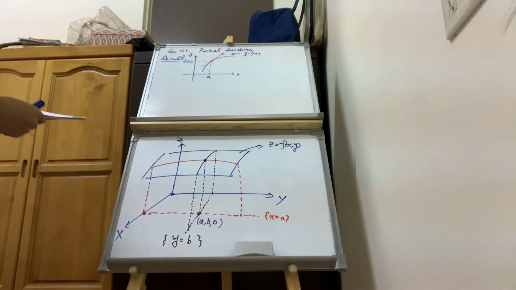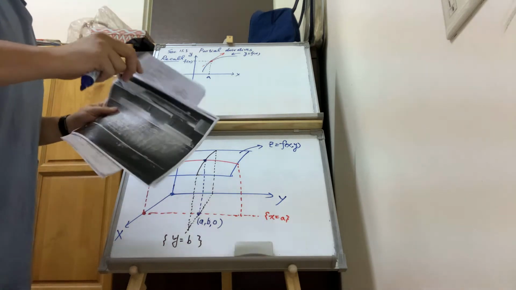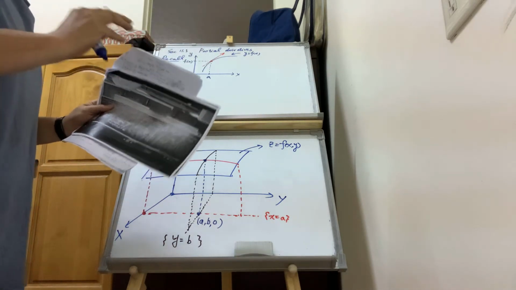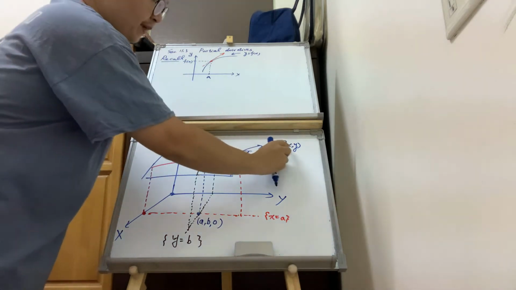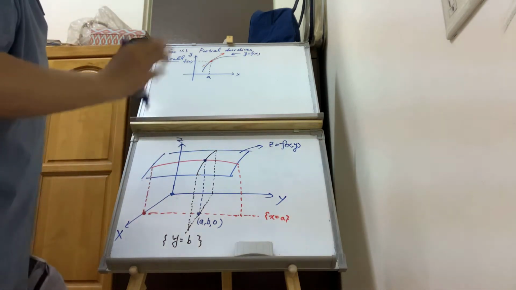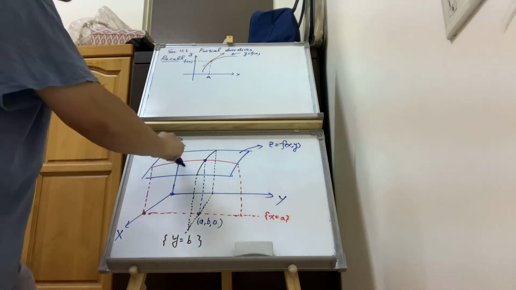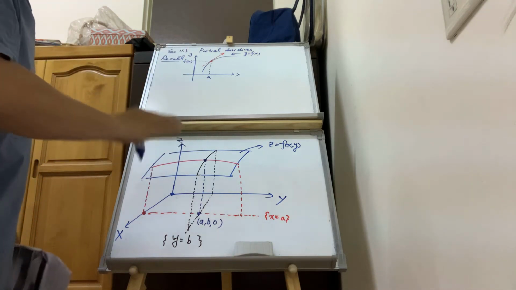It's a function that contains not just one variable, and we focus on two variables. If a function contains two variables, its graph is in a three-dimensional coordinate system.